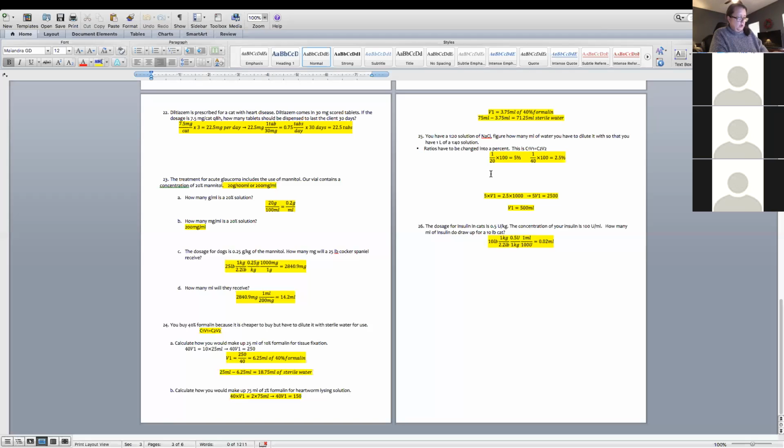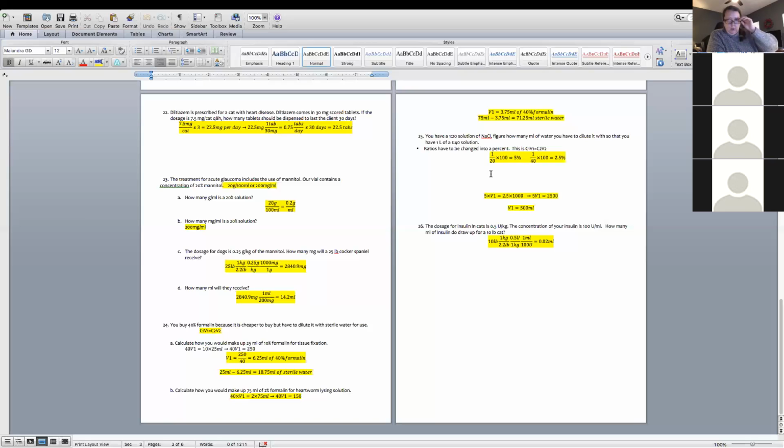So if you literally do it, and like I said, some of you that are super fast at this, this is me doing it the slow way. 1 divided by 20 in your calculator gives you 0.05. Multiply by 100, that gives you 5%. So that means your 1 to 20 solution is a 5% solution.